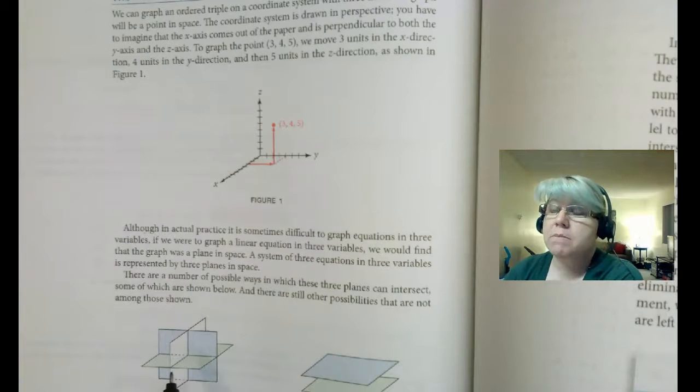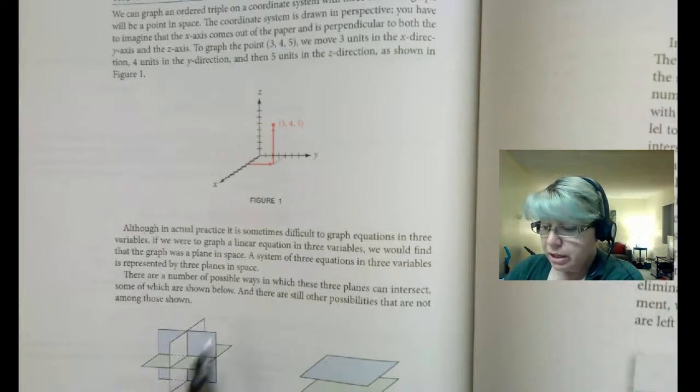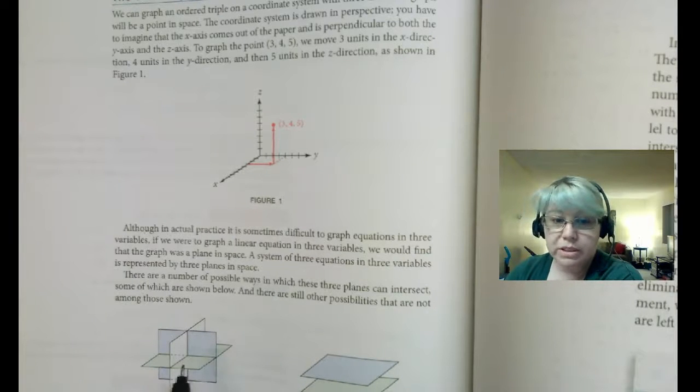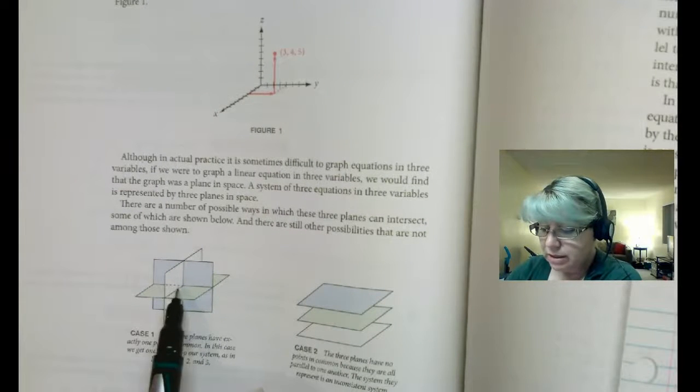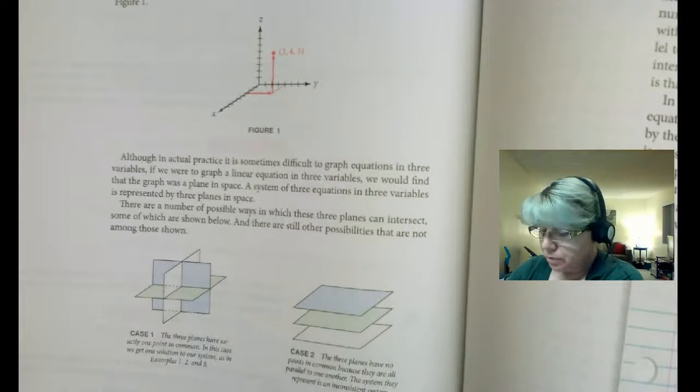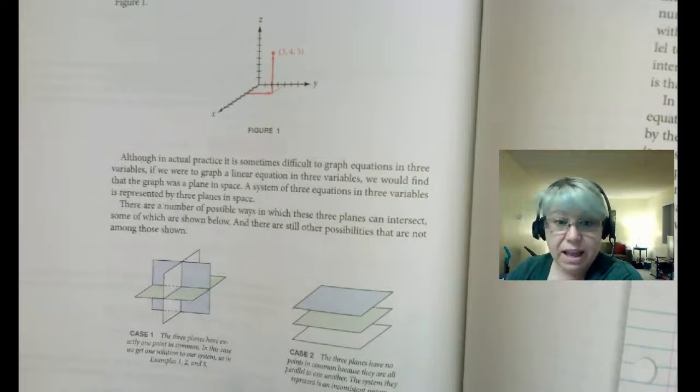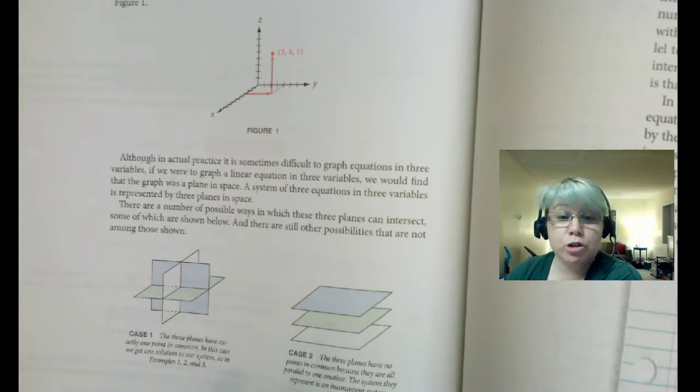In a system of 2 variables, we were looking where the lines cross at a very particular point. When we're working in 3 dimensions, we're working with the whole entire plane. Okay? So when we have one singular common point, we'll have a point, an ordered triple as our solution.